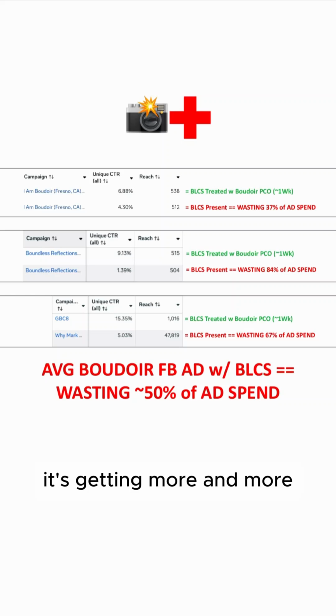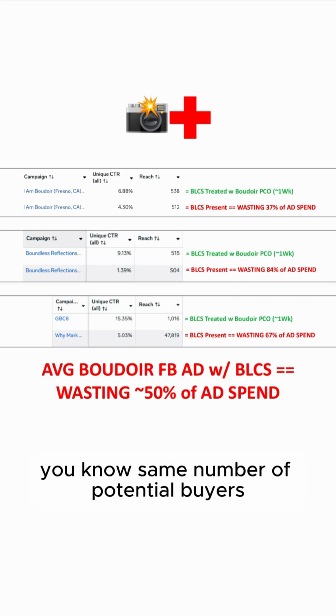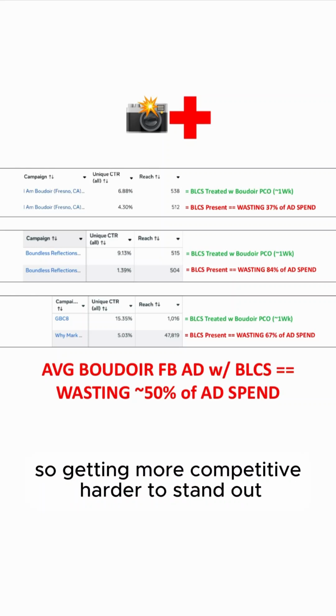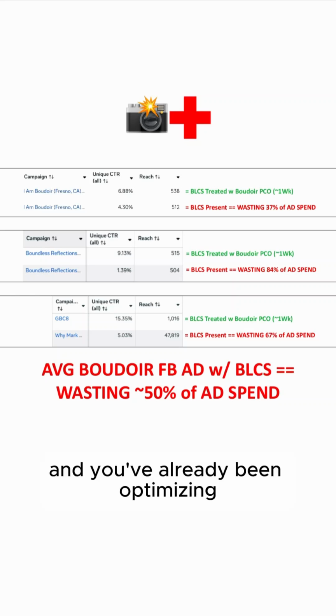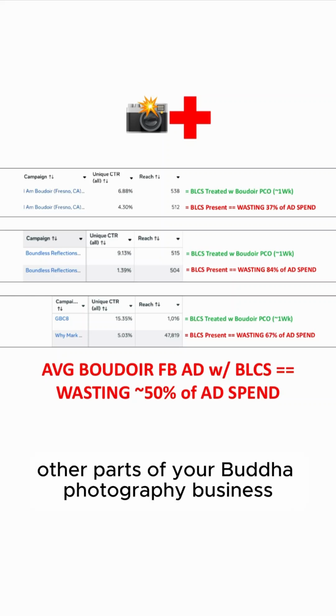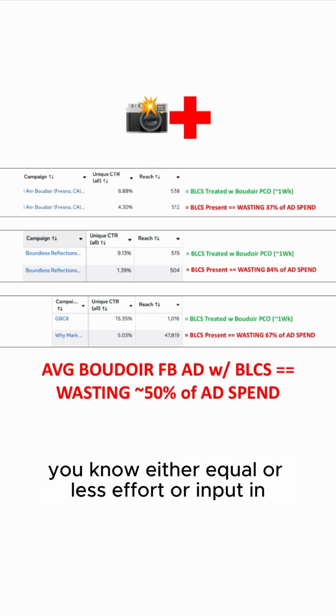So you see more and more boudoir photographers fighting over the same number of potential buyers, getting more competitive, harder to stand out. And you also see inflation and cost of living going up everywhere, and you've already been optimizing other parts of your boudoir photography business to get more profit out for equal or less effort or input in.